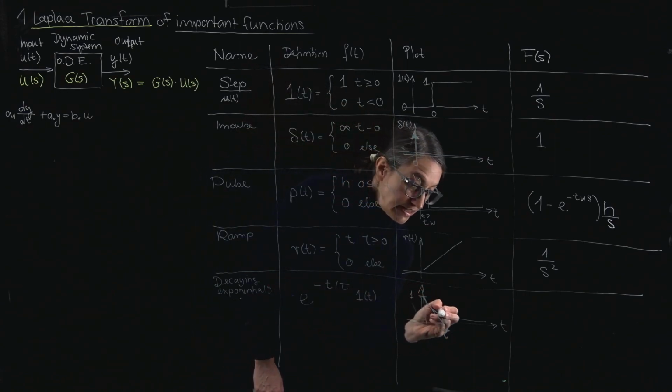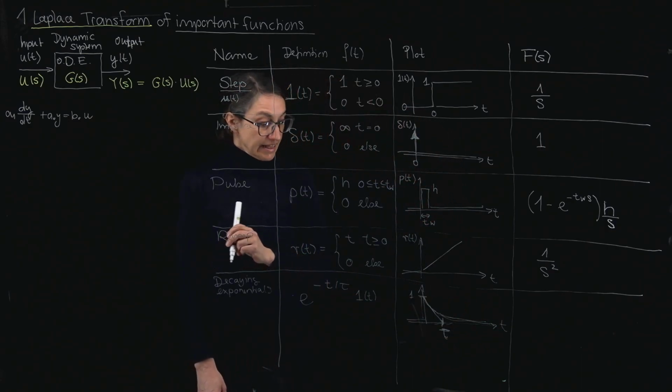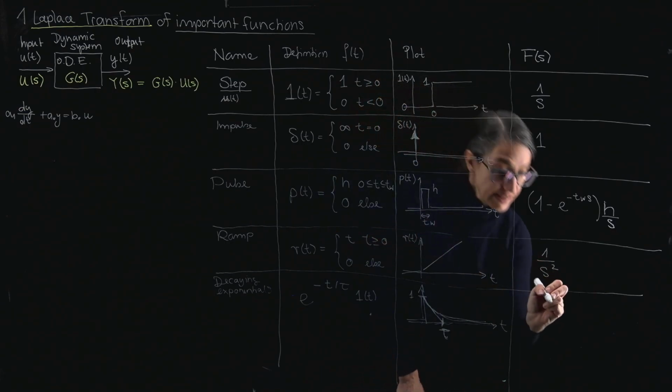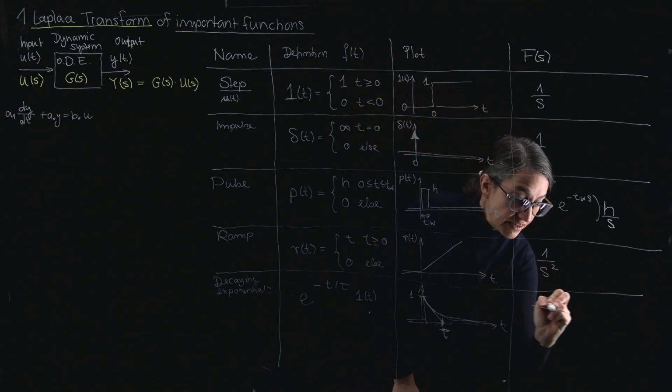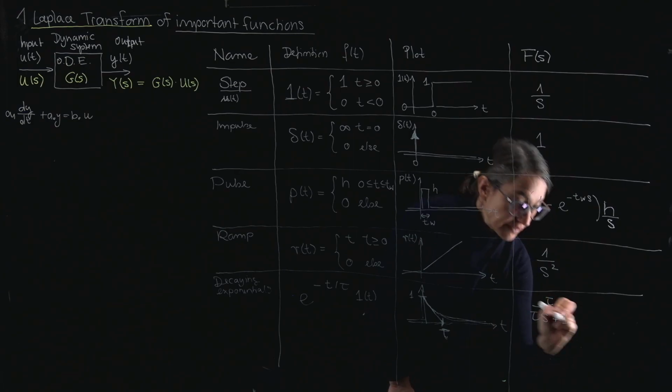Yeah? And it's a decaying exponential, it goes to 0. And the Laplace transform of this function is tau divided by tau s plus 1.